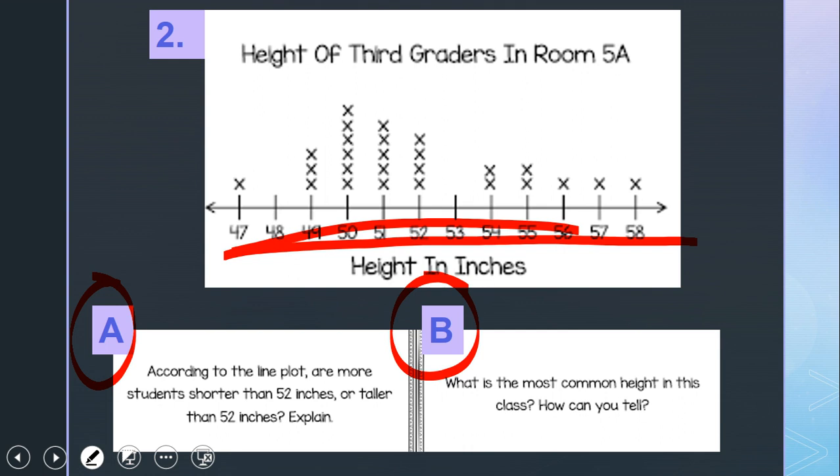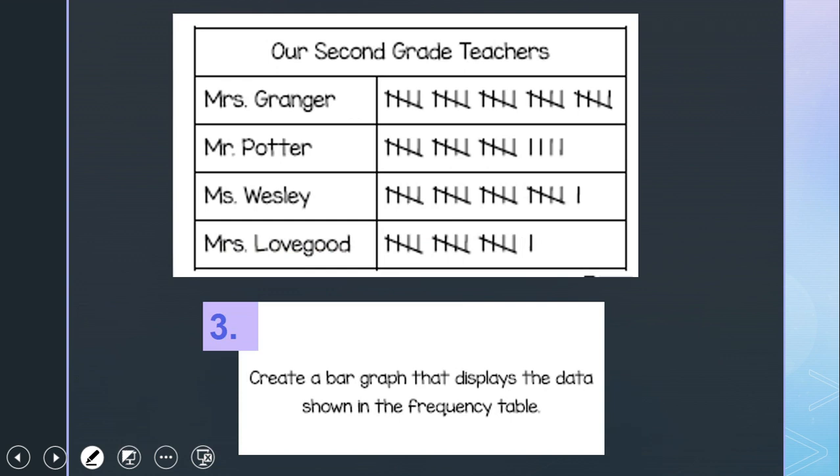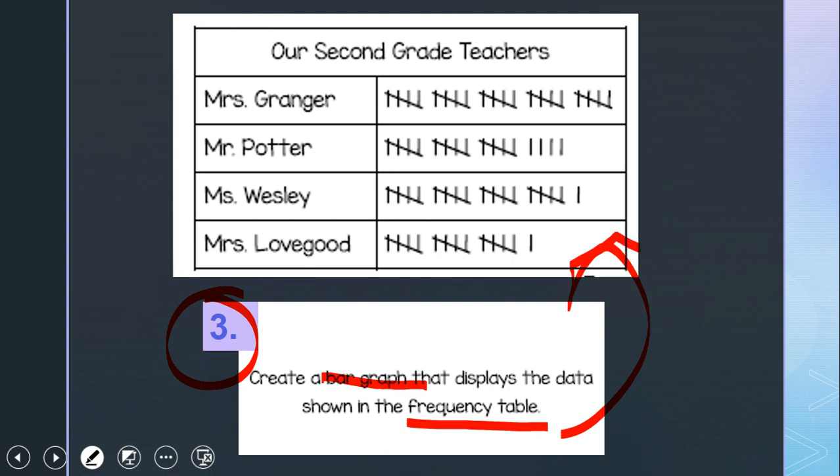And number 3, you are going to create your own bar graph, okay? And remember the frequency table is this thing right here. So you are just going to show that information in a bar graph. Remember that your bar graph has 6 things that you need in it, okay?